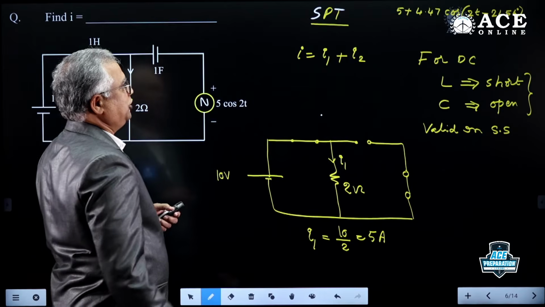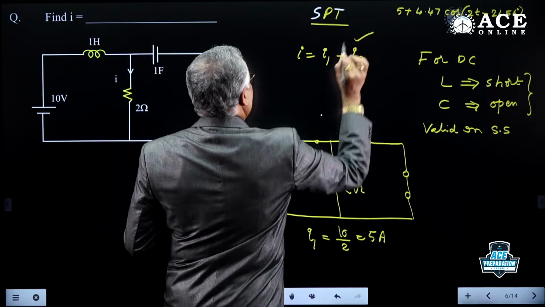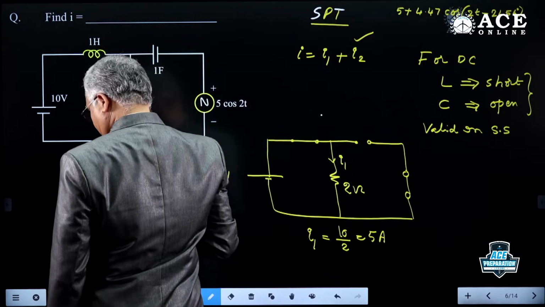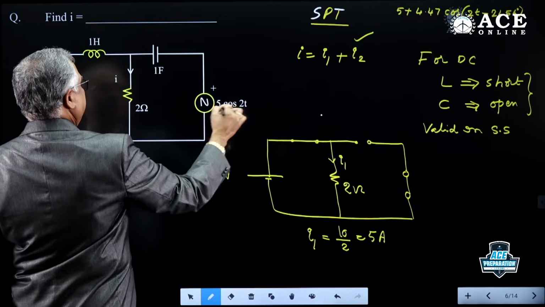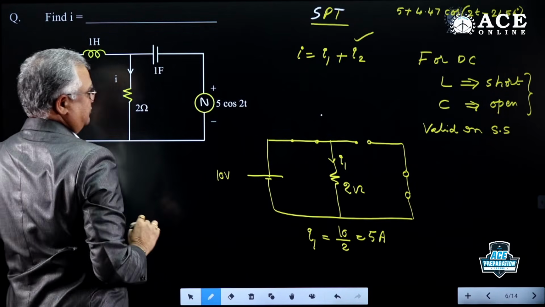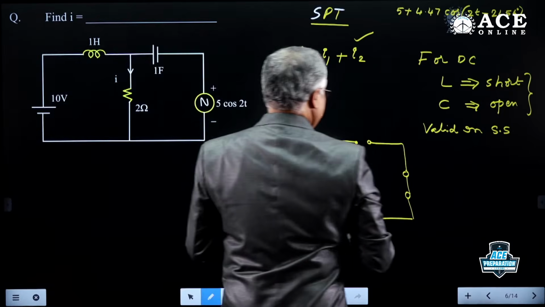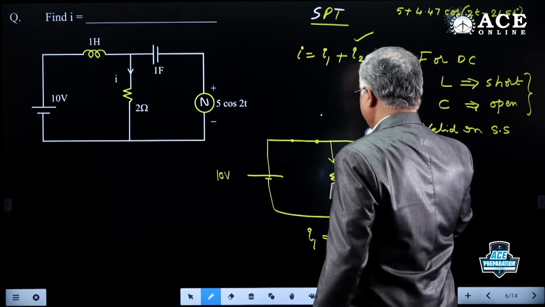Next we have to find I2. So how to find it? To find I2, consider this and don't consider this. That means I am removing this.